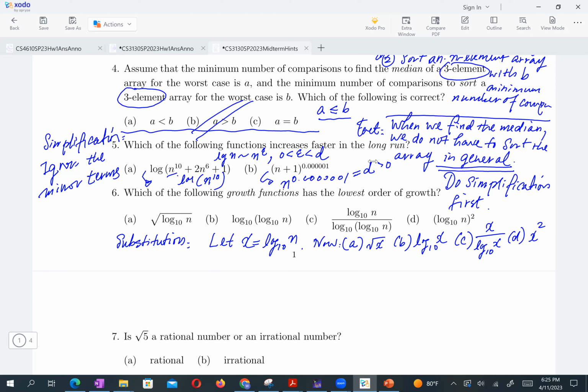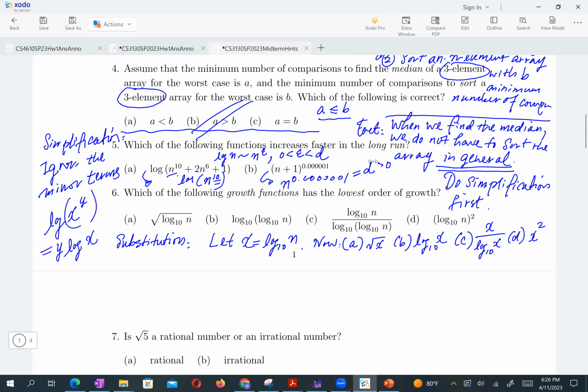This log of n to the 10th. Do you know a property of the logarithm function? The property: log of x to the y equals y times log of x.